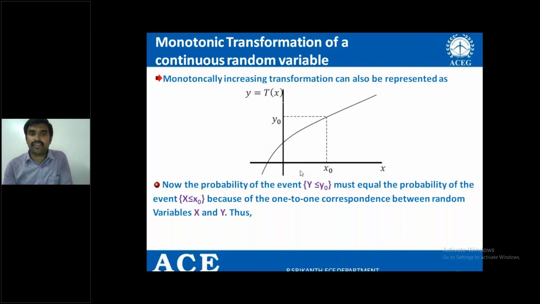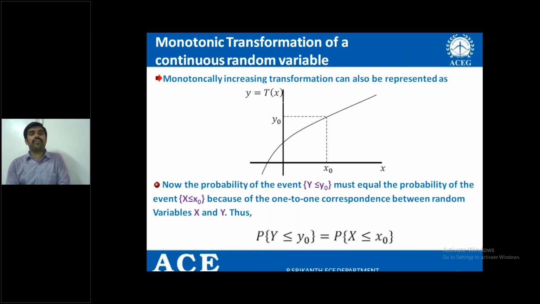In place of x naught, if I have x1, the probability of x less than or equal to x1 must be transformed to the probability of y less than or equal to y1. Similarly, the probability of x less than or equal to x2 must be transformed to the probability of y less than or equal to y2. That is called one-to-one correspondence, right?